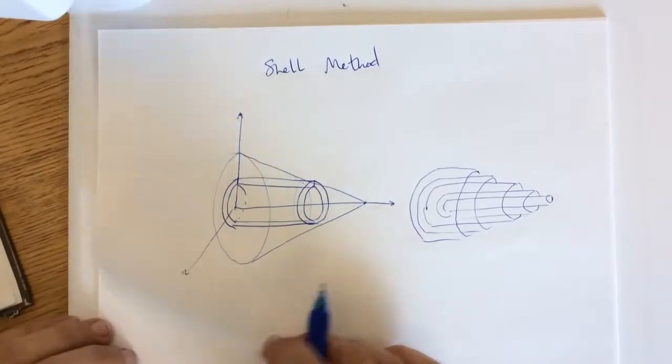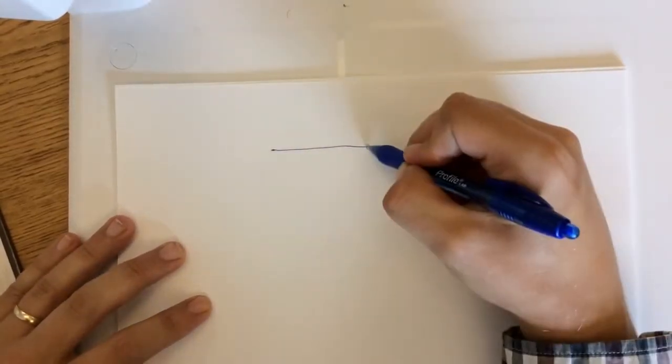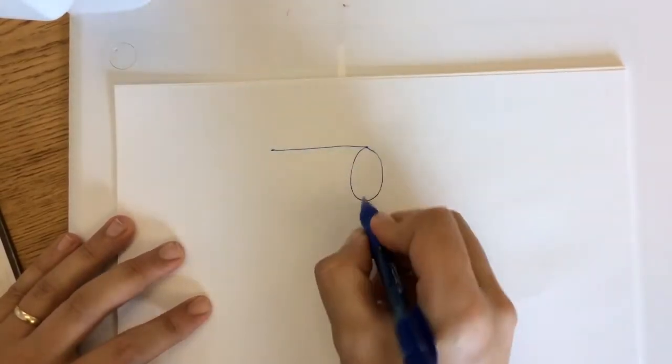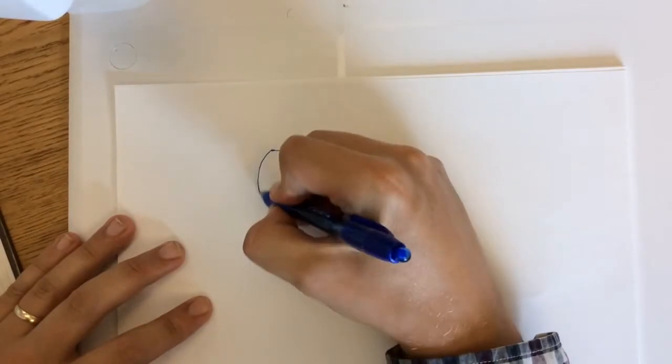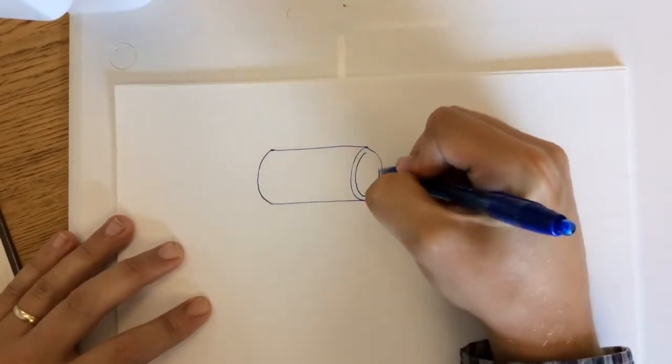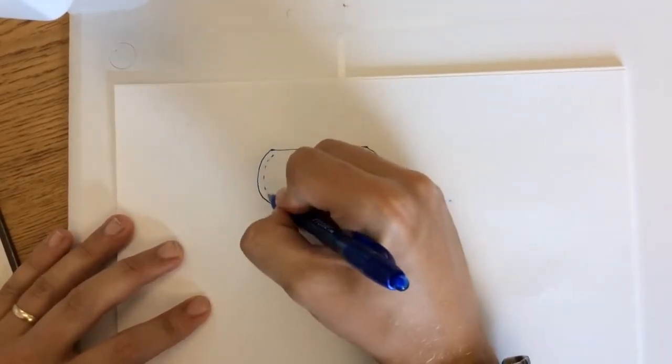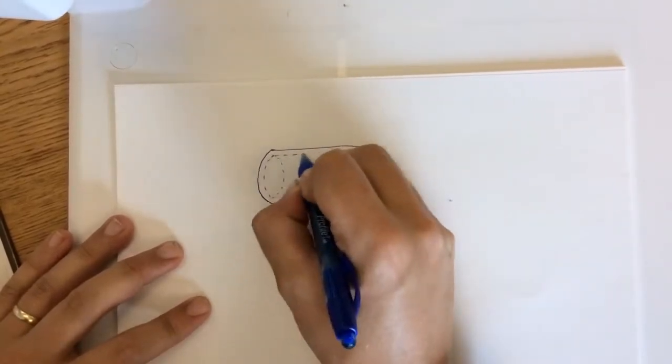So let's go ahead and look at the volume of a cylinder like this, a cylindrical shell. Okay, so here's our cylindrical shell. It's hollow.